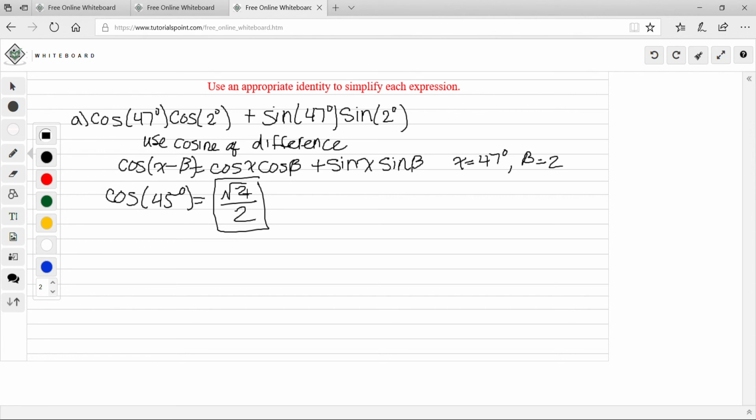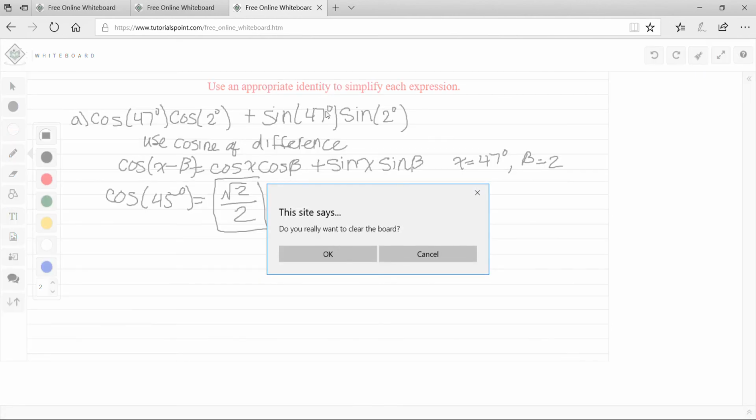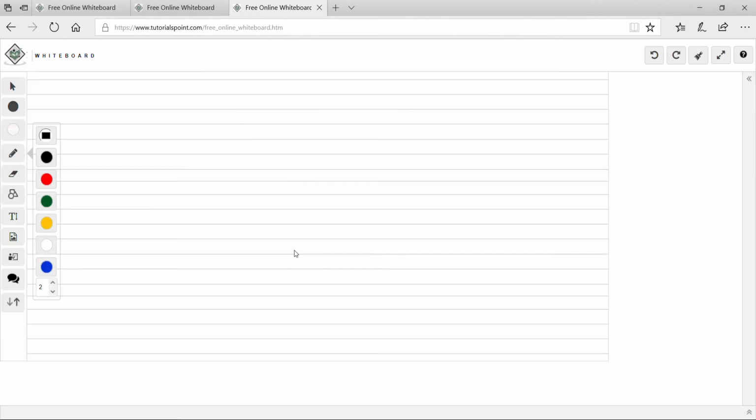Let's do part B. Same idea, use an appropriate identity to simplify each expression. I was given sine of t times cosine of 2t, minus cosine of t times sine of 2t.